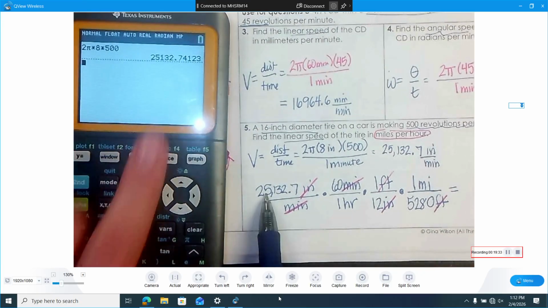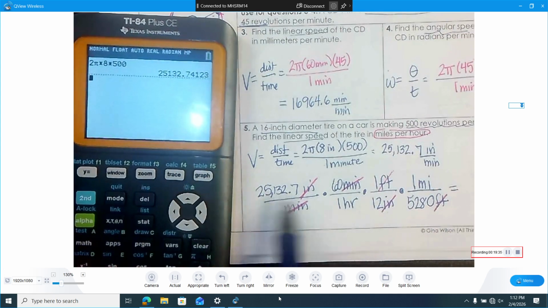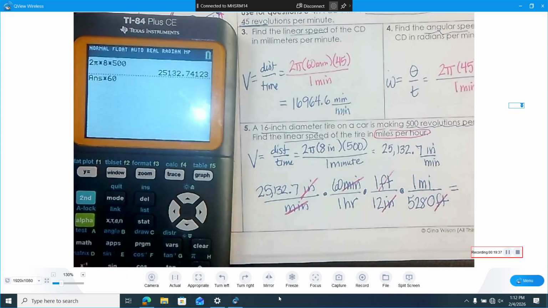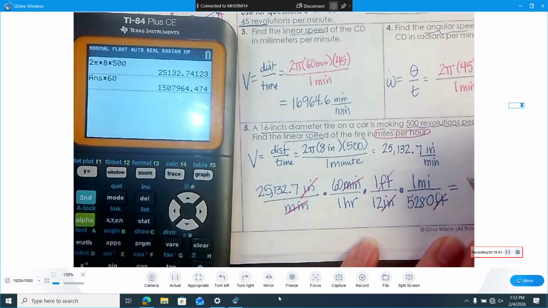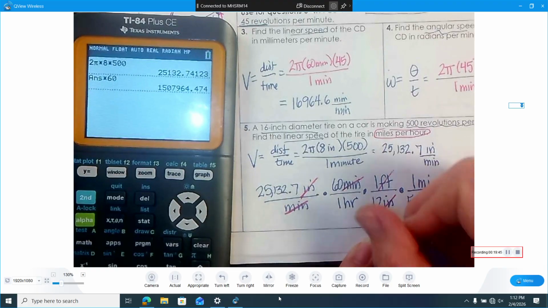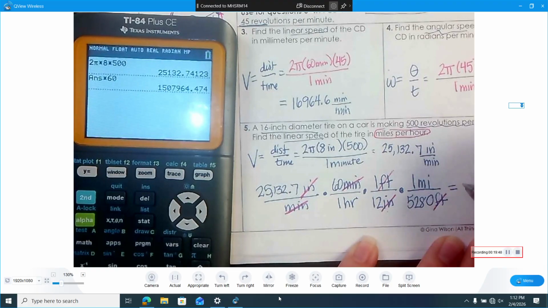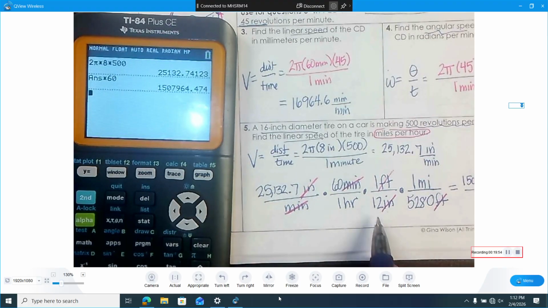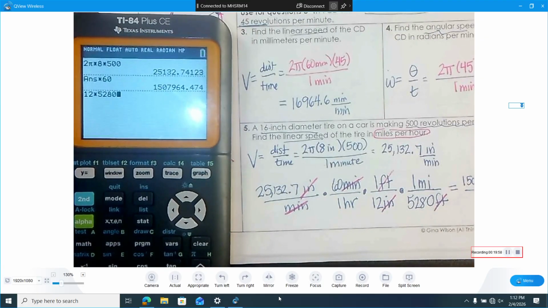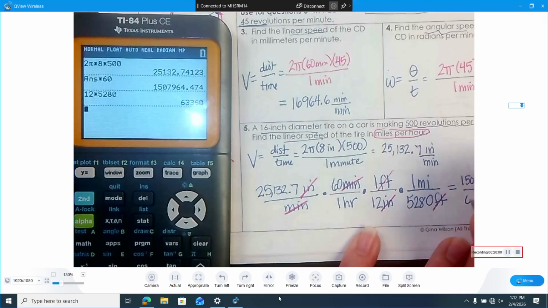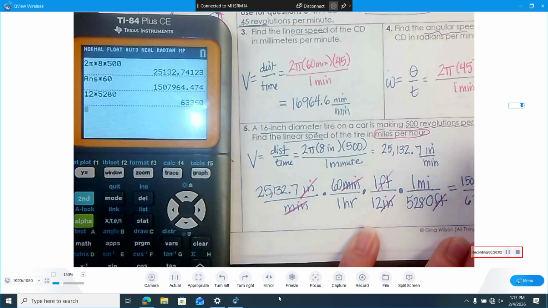So I'm going to take my answer that I already have in my calculator. I need to times it by 60. It's not just 5,280. All right, so I get 1,507,964.4 over 12 times 5,280, which is 63,360. Oh my goodness.